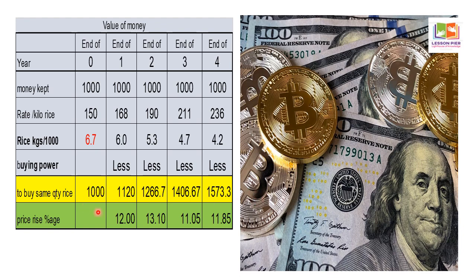Now, if you see the percentage rise every year, this is about 12%. Then we have a 13.1% rise and an 11.05% rise from year 2 to year 3. So in this way, we have this quantity rise. Let's assume this is the percentage increase every year.